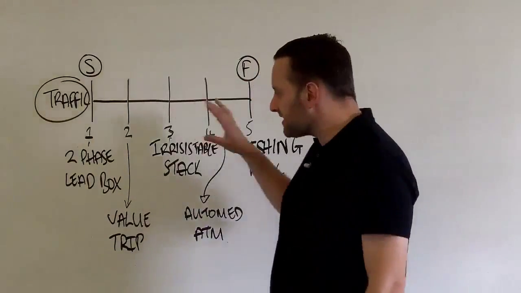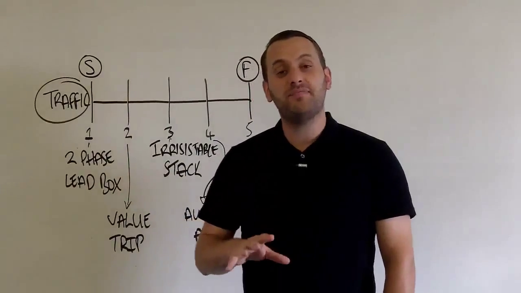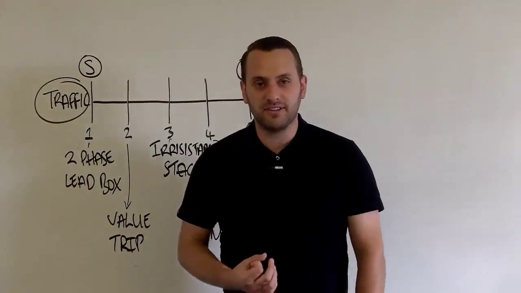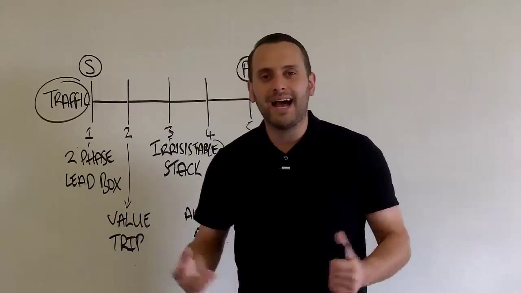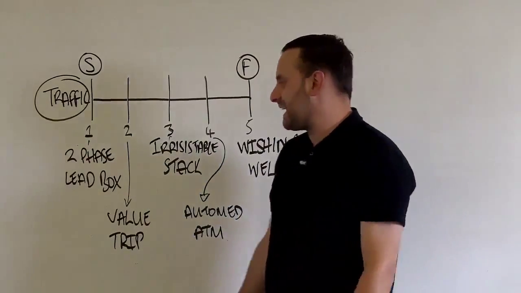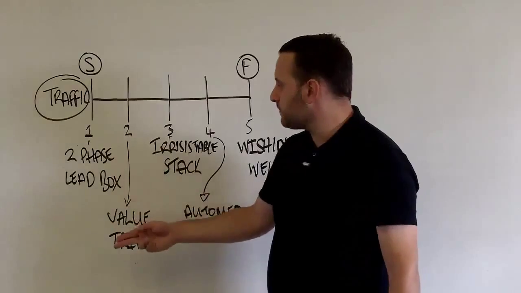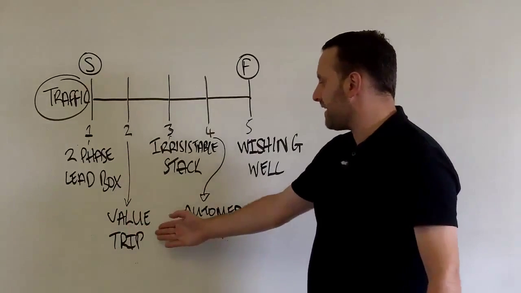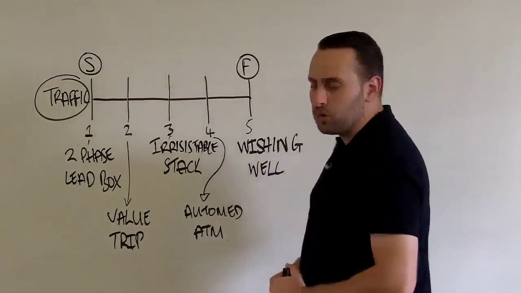Now we also have started getting into here the 5-part system that I've built that's generating myself and our partners in excess of $18,000 per week on the internet right now, and is growing week in, week out, month after month. Now if you recall, in the last video I took you through those 5 parts of the system, which are the 2-phase lead box, the value trip, the irresistible stack, automated ATM, and the wishing well.